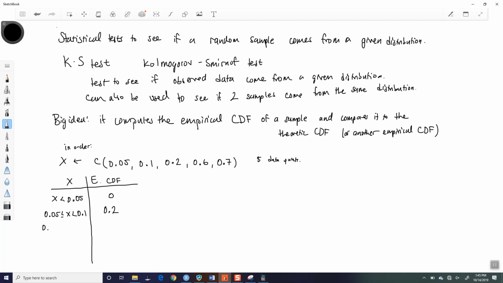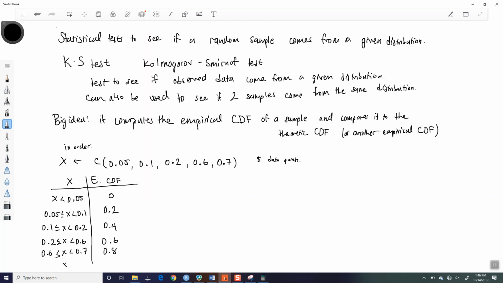And then anything between 0.1 and less than 0.2 is greater than 2 out of the 5, greater than 40% of the observations, right? And you go 0.2 less than or equal to x, less than 0.6, and that's greater than 60%. 0.6 less than or equal to x, less than 0.7 is greater than 80%.